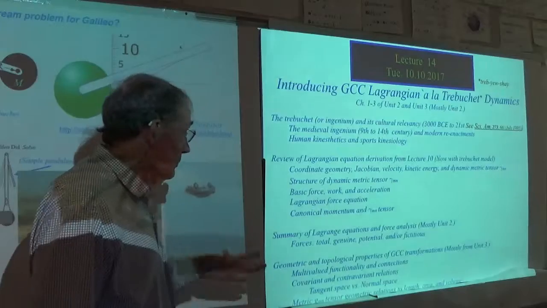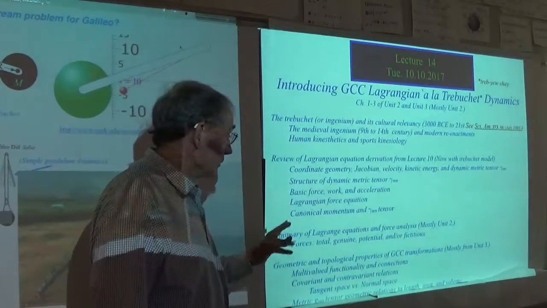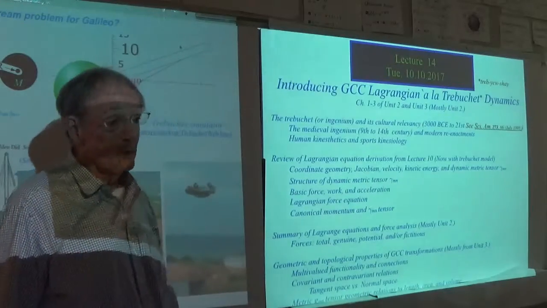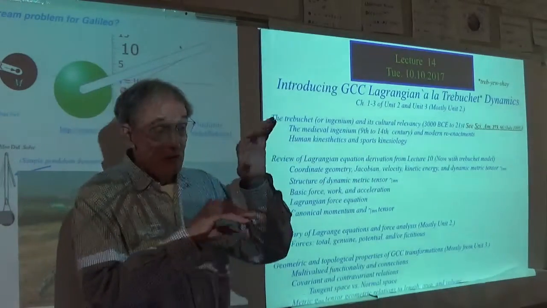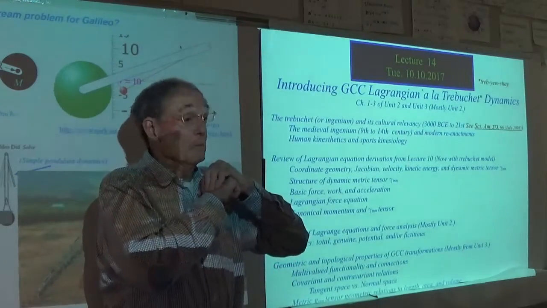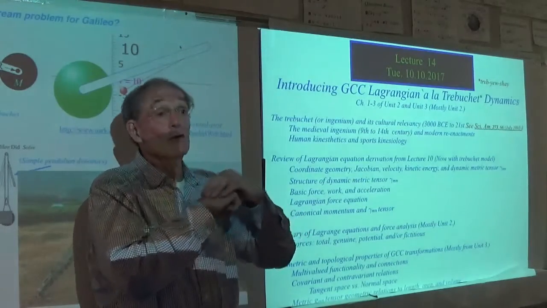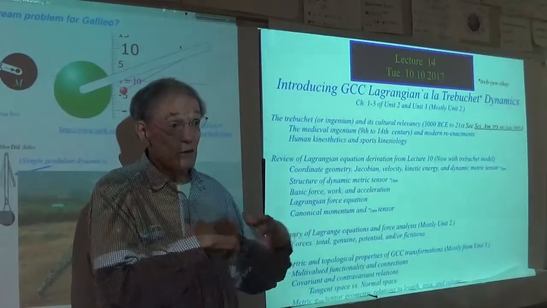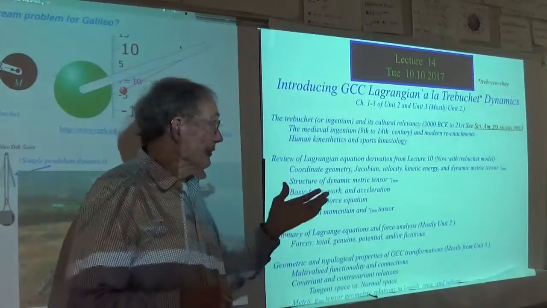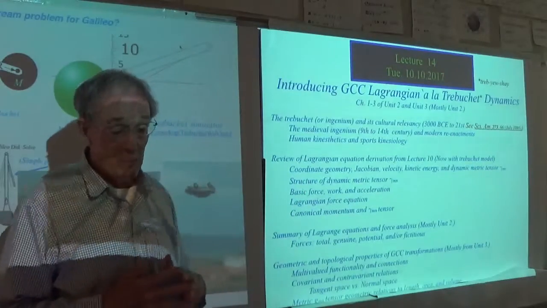And so we'll get started on that a little bit today, but mainly next time it's Unit 3. Unit 2 and Unit 3 kind of go, for a while anyway, on the same subject, but Unit 3 uses more of the generalized curvilinear coordinate geometry, whereas the thing we'll do today doesn't require that.